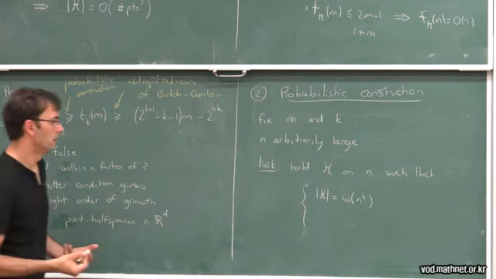So first I add all vertices, I take n vertices. I add them. Now I look at every edge in turn and I flip a coin.